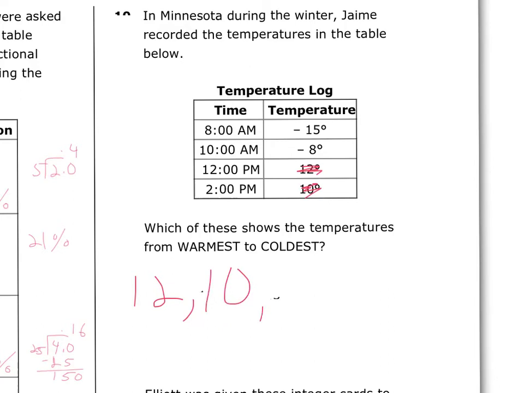What's the next warmest? Negative 8. Negative 15 degrees is the coldest. Remember, going back to using money. Here I have $12. Here I have $10. Here I owe $8. And here I owe $15. Do you remember talking about that?